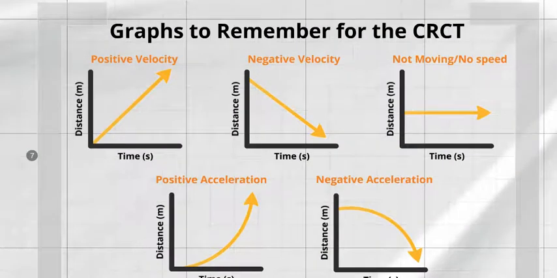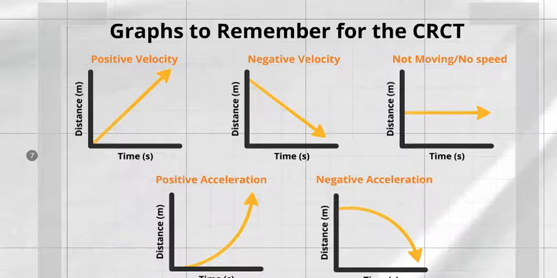So here are a couple of graphs to remember. When I'm using velocity and speed, I want you to remember I'm using these a little interchangeably, because the only difference between the two is the direction. So a positive velocity is going to be curving up or a straight line up. A negative velocity is a straight line down.